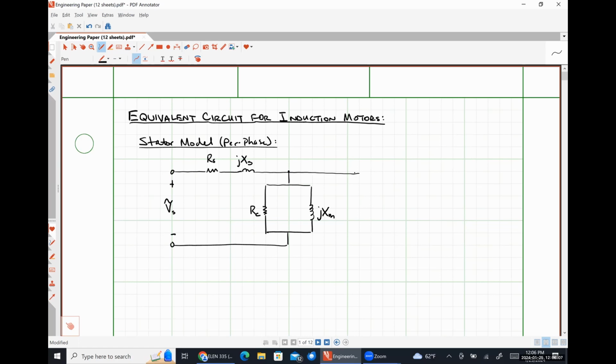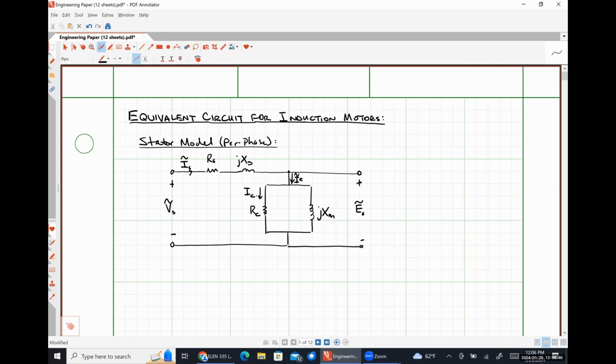And then over here on the far right-hand side I'm going to have our induced voltage, ES, like so. We're dealing with RMS phasor quantities. I'm going to label a couple of currents now. So this is the current that's flowing through our stator windings, IS. This little current is I sub E. So that's our energizing current.